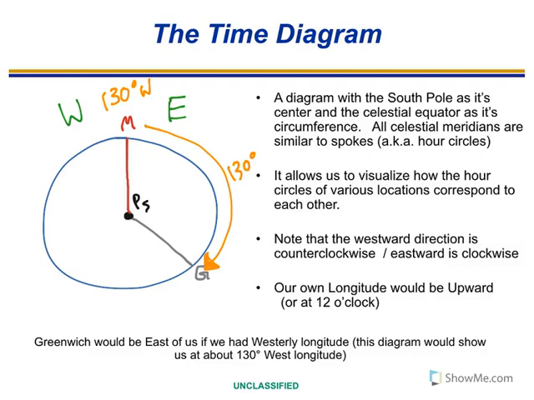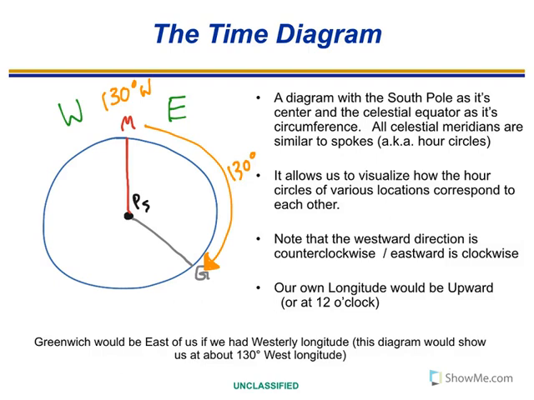Now that we have our meridian and Greenwich, we can start to fill in the rest. The next step would be to put where the sun is. Really any celestial body, but most of the time we use the sun. Last lesson we learned about GHA, and GHA is the angle from a celestial body to Greenwich. And it's the equivalent to longitude with one big exception.